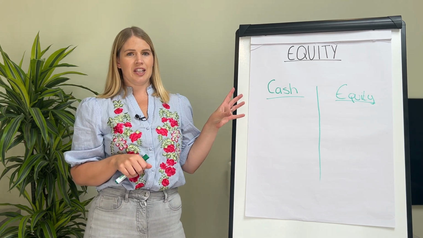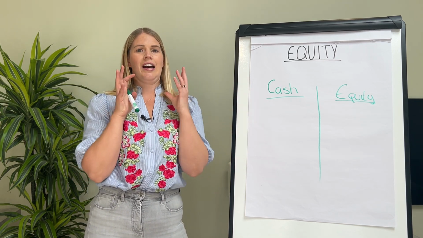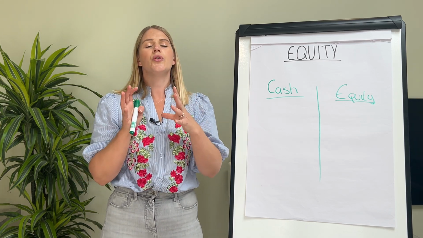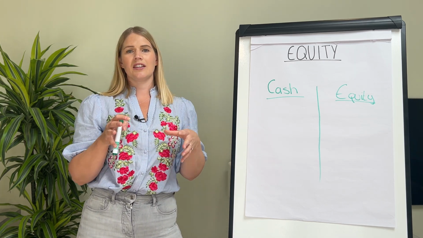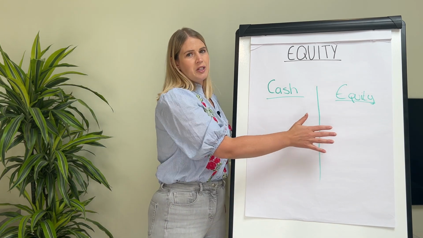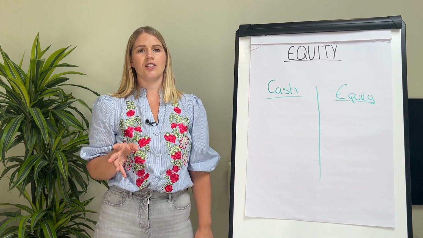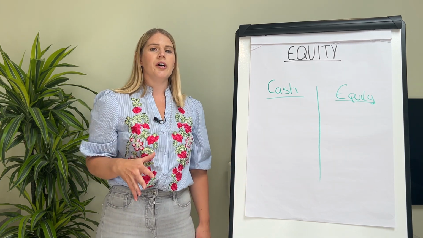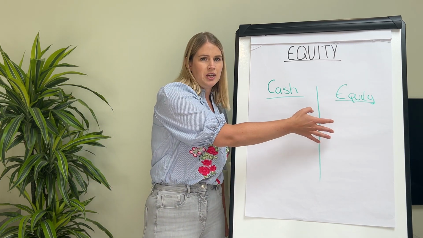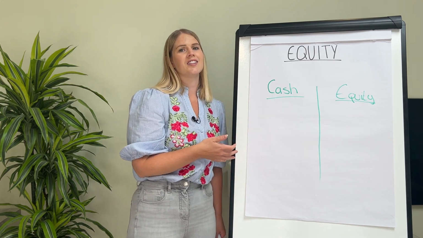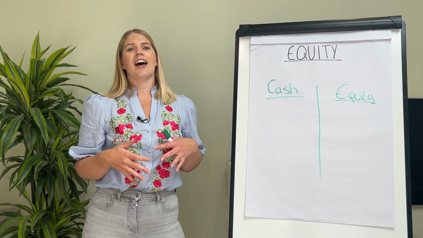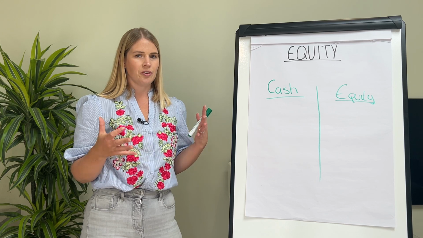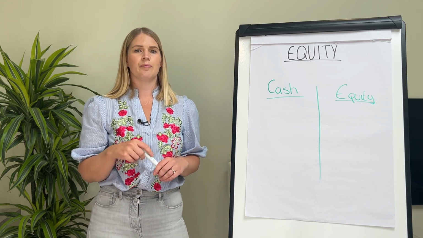Equity is your money as a business owner. It's the money that you take out of your business as dividends. So if you've got no equity, you can't take dividends. But what is far more common is that you have a really high equity but a really low cash balance. And that means that there simply isn't any cash available in your business for you to take dividends.